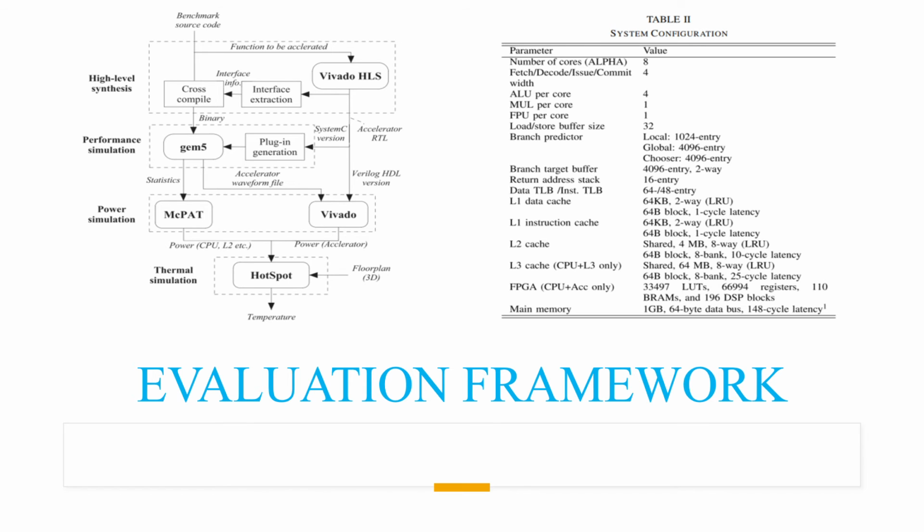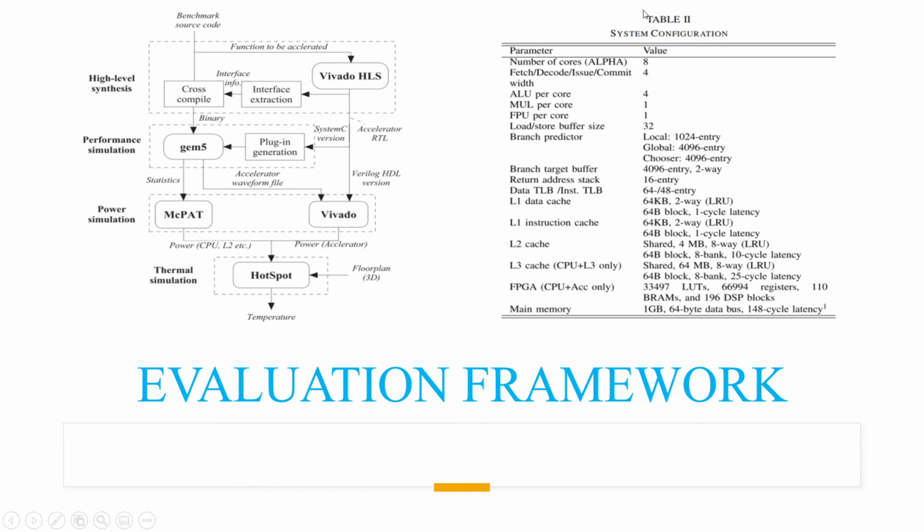Then a script adds the accelerator interface and changes the benchmark source to use the generated accelerator instead of the original function. The new source is then compiled into an executable binary for performance simulation.